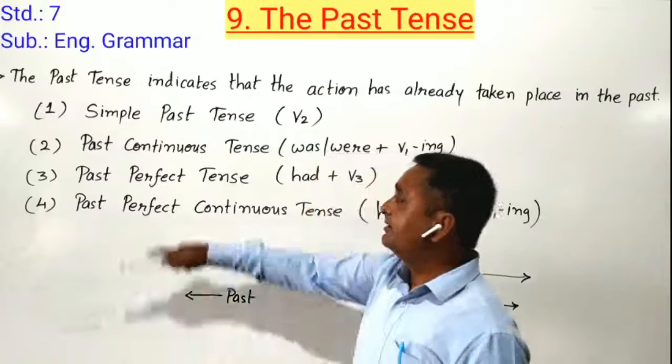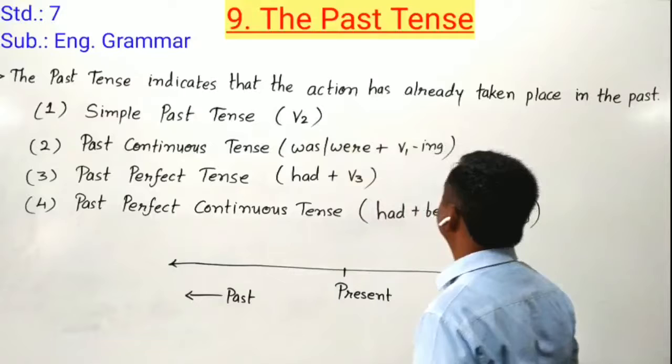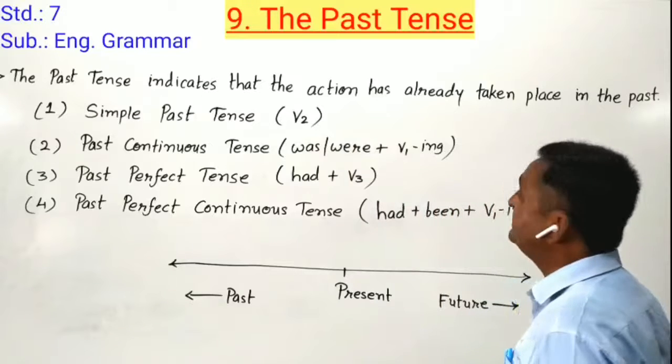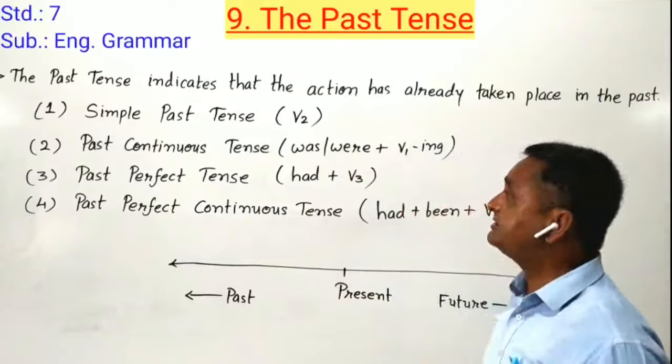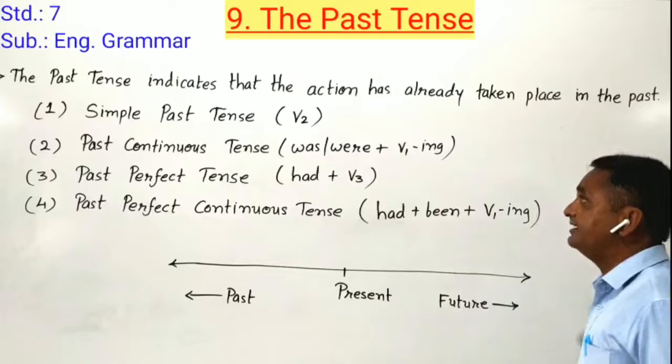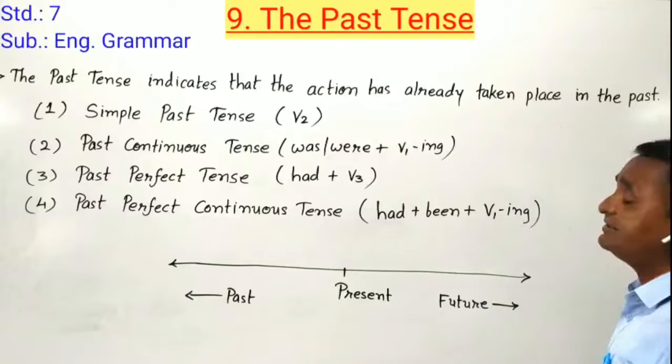First of all, the past tense indicates that the action has already taken place in the past. The past tense what indicates? The past tense indicates that the action has already taken place in the past.